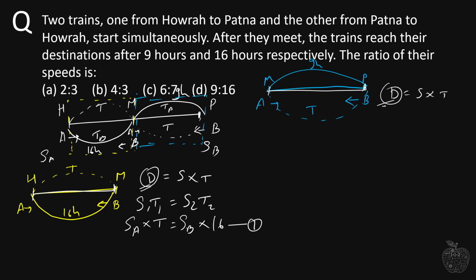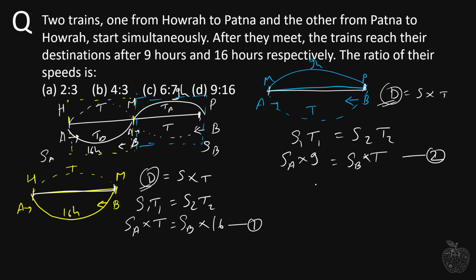From this we can imply that S1 T1 is equal to S2 T2, S1 being the speed of A and the time taken by train A being 9 hours, equal to S2, the speed of train B, and the time taken by B being T. Let's call this equation 2.